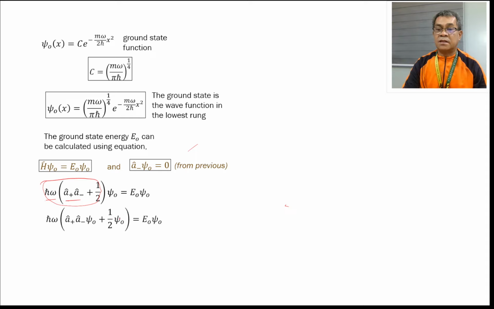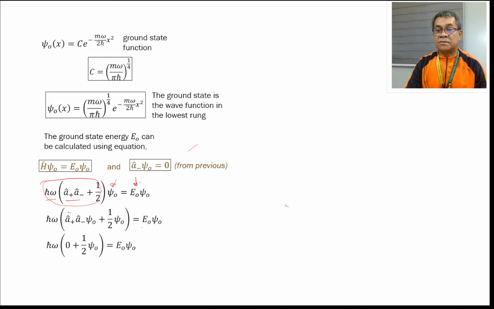Then distribute with the value. If we have this as the ground state, we have that ground state energy, so the operator acts on that also. Then of course, this is zero.